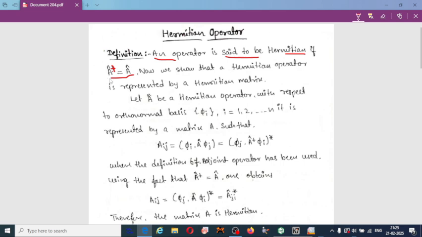Adjoint of an operator is equal to the operator itself, A cap.